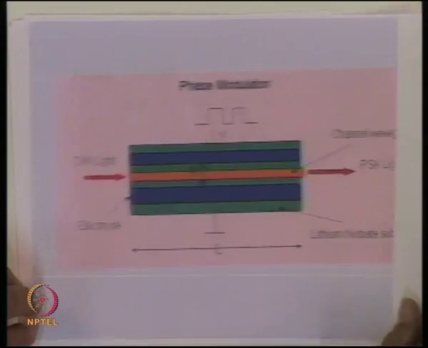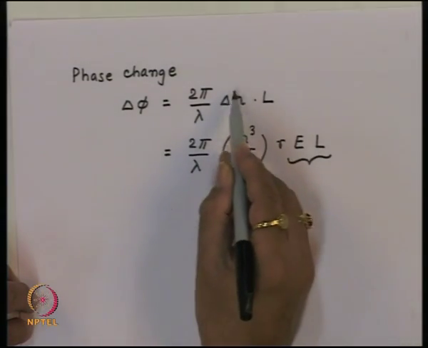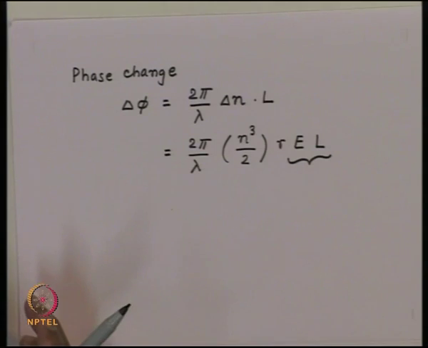But what one can note is that this quantity, the change in refractive index, is generally very, very small. When you apply the electric field for changing the refractive index of the material, the change in refractive index typically is of the order of 10 to the power minus 6.